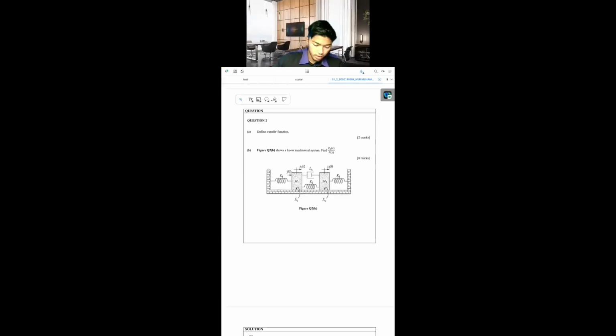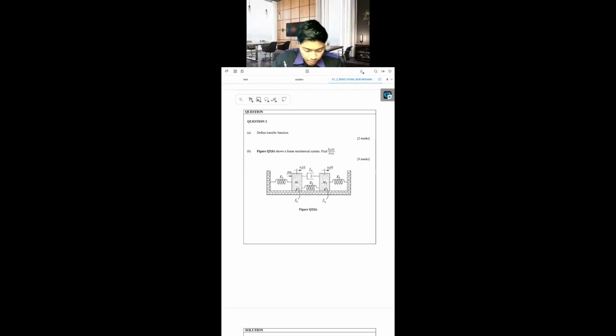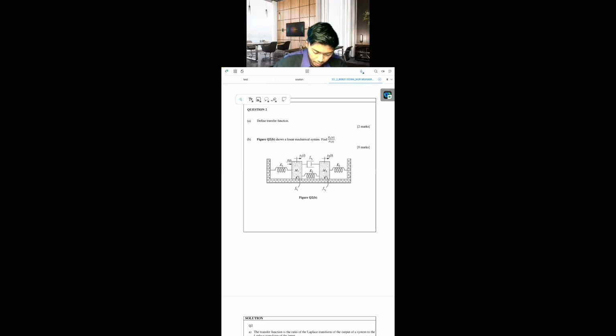Okay, untuk soalan question 2B, dia bagi kita linear mechanical system. So the question asks for X2(s) over F(s), which means the transfer function lah. Okay, kita boleh nampak dekat gambar ni dia bagi dua loop, iaitu M1 loop pertama dengan M2.